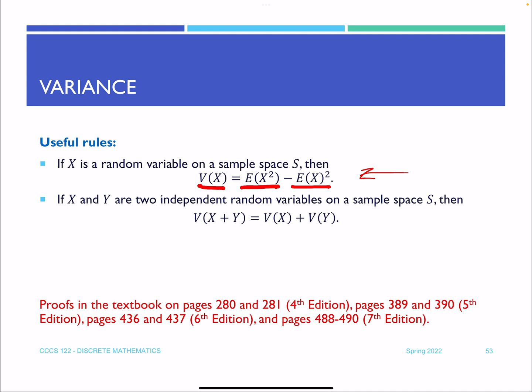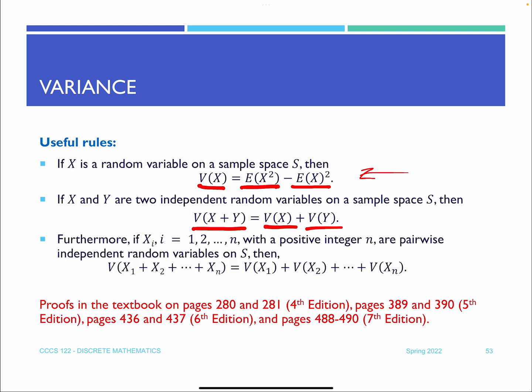So if X and Y are two independent random variables on a sample space S, then the variance of X plus Y is equal to the variance of X plus the variance of Y. It's also worth noting that you can generalize that: if you have n random variables and they are pairwise independent, then the variance of the sum of all n random variables is equal to the sum of variances of each of those n random variables.